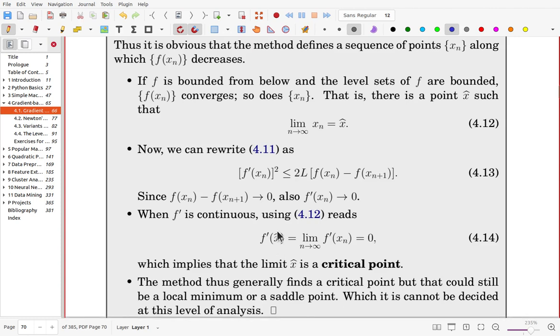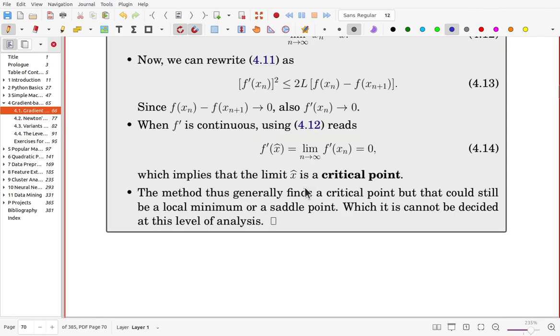That means x hat is a critical point. So we can conclude that the method is converging to a critical point. But it may be a local minimum or a saddle point, which at this level we cannot decide. However, from the analysis, it is converging to a critical point.